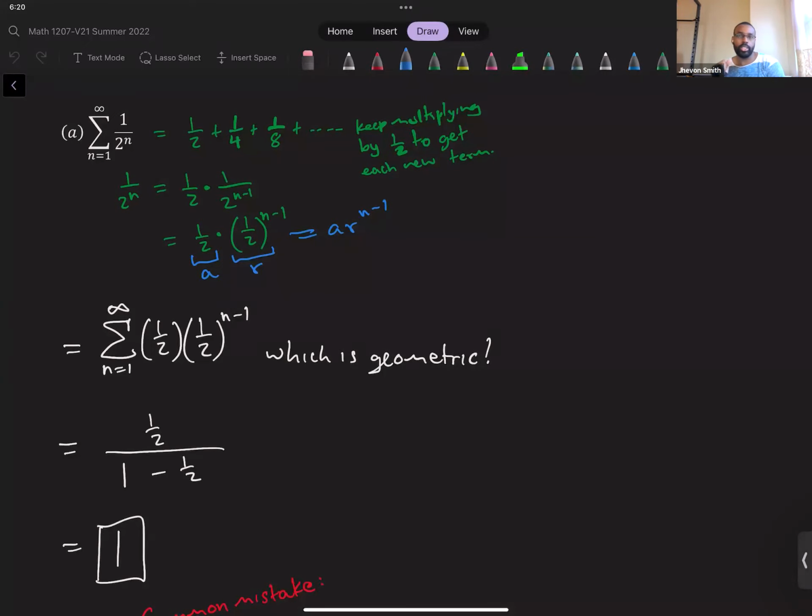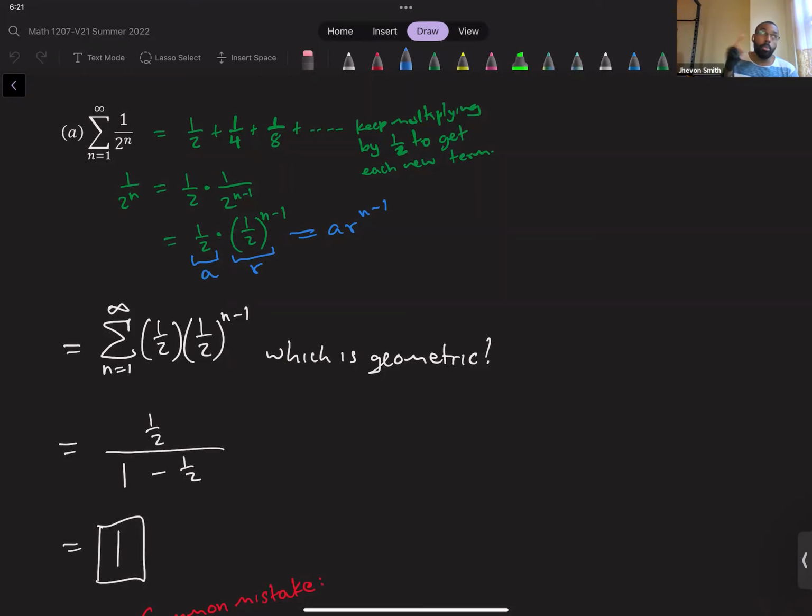You get a geometric series by starting with a term, and it doesn't matter what this term is as long as it's not 0, and you keep multiplying that by the same thing. In this case, we started with a half and kept multiplying by a half. A half times a half was a quarter, then that times a half is an eighth, and then that times a half is a 16th. So we built an entire series in this particular pattern. That is what's called a geometric series.